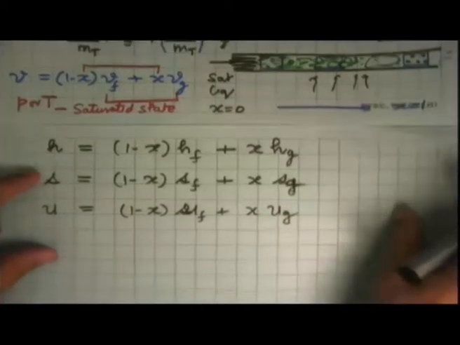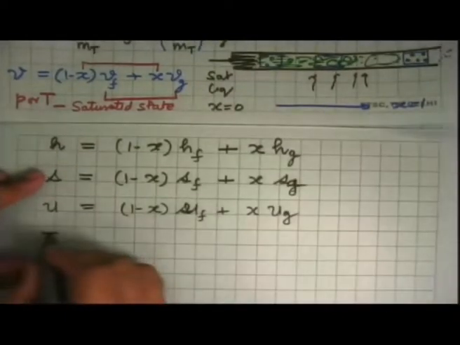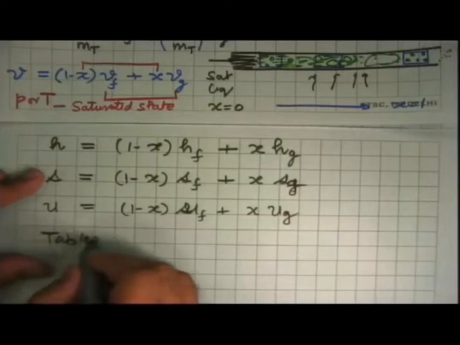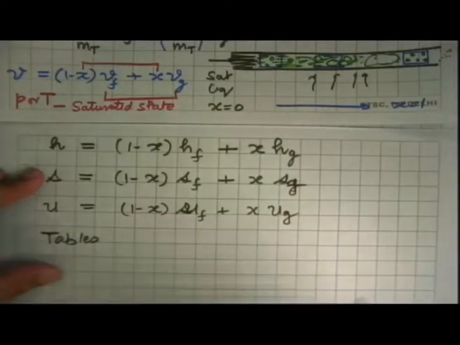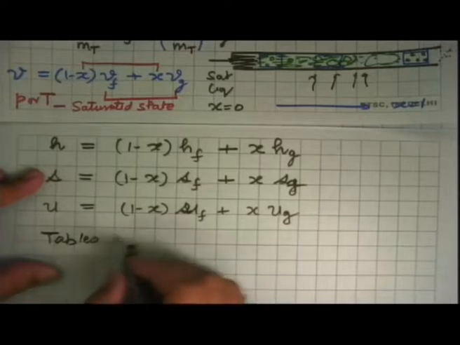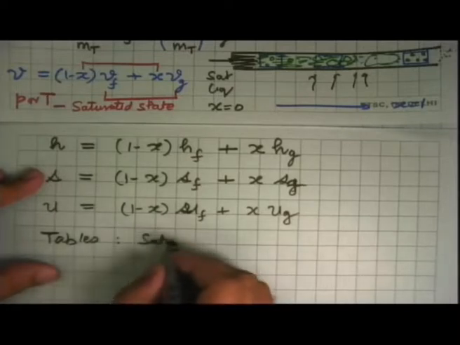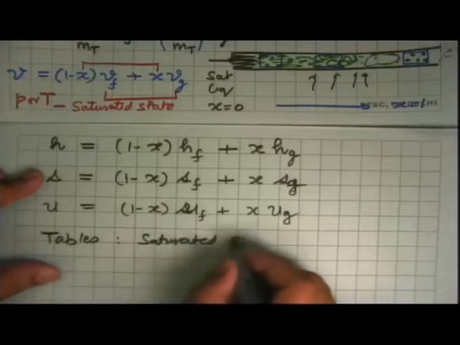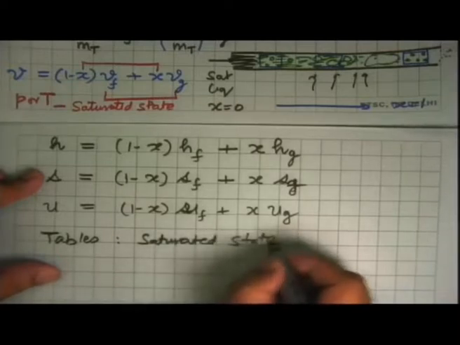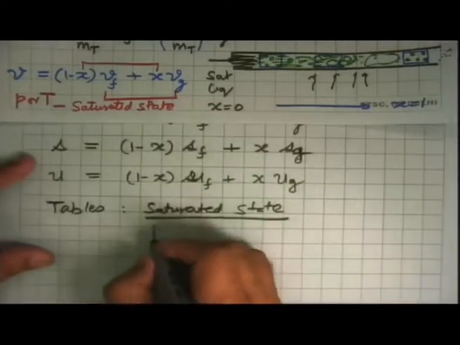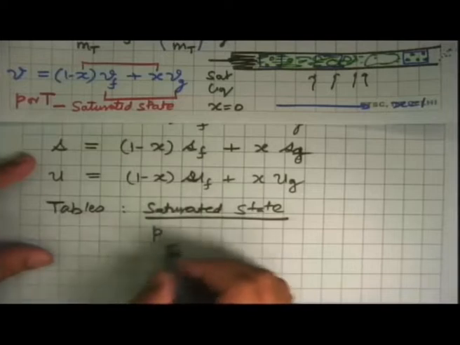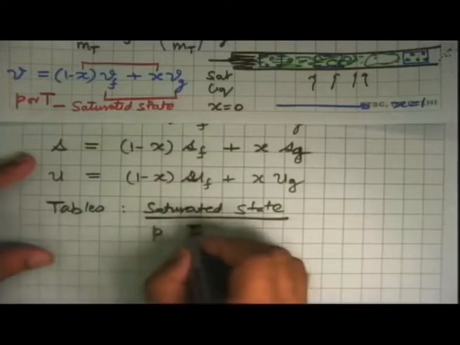We discussed that a little bit yesterday, and what we have is tables and then computer programs also to help us with that. To give an example from the tables, the table heading will be saturated state, and in this table the first column could be either pressure, or in some cases it could be the temperature.